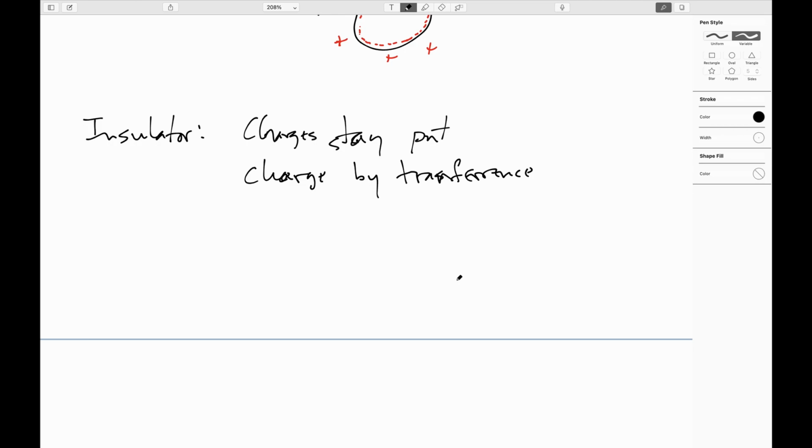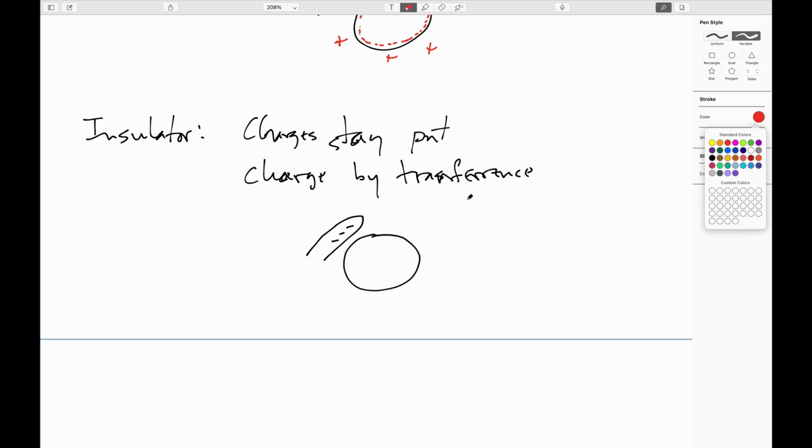So let's say you have a rubber ball here, something like that, and you bring a negatively charged rod to it. What will happen when you touch it is you'll just take a few of the electrons off of the rod and just leave negative charges right where you touched it. And those charges won't move around anywhere else.